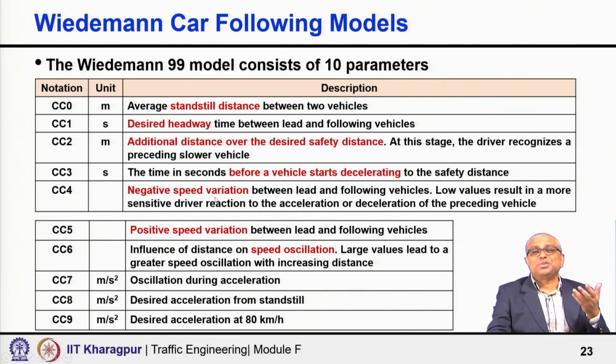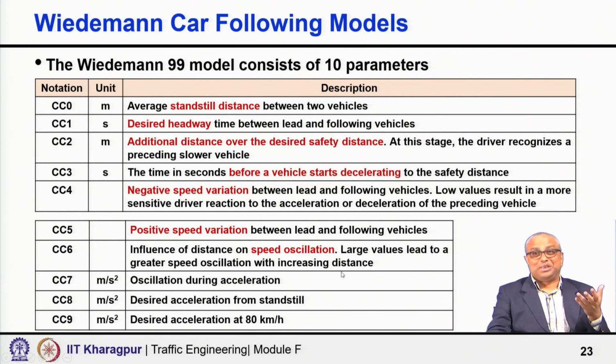The Wiedemann 99 model considers 10 parameters, a very enriched one. I do not really have scope to go into details. I have mentioned here these are called CC0 to CC9 and what they mean: average standstill distance, desired headway, additional distance over the desired safety distance, positive speed variation, influence of distance on speed oscillation, oscillation during acceleration, desired acceleration from standstill, and desired acceleration when the speed is nearly 80 kilometers per hour, not exactly 80, but I have rounded it off.